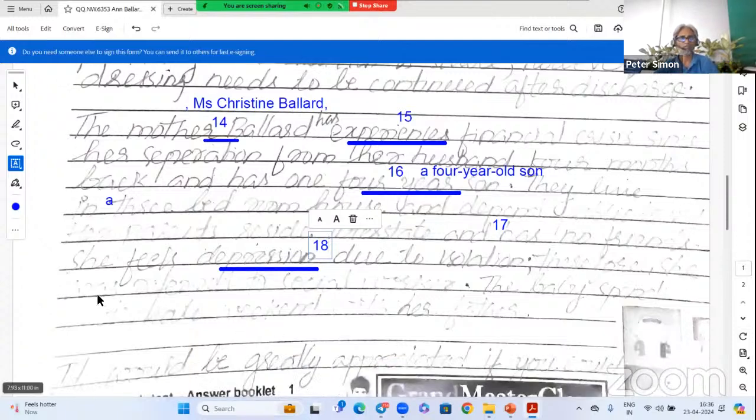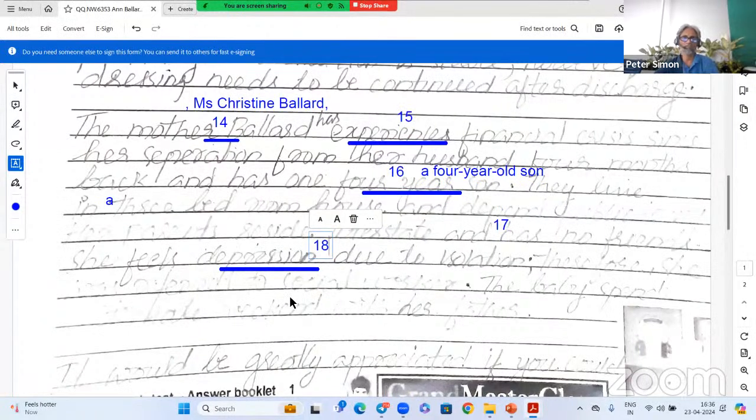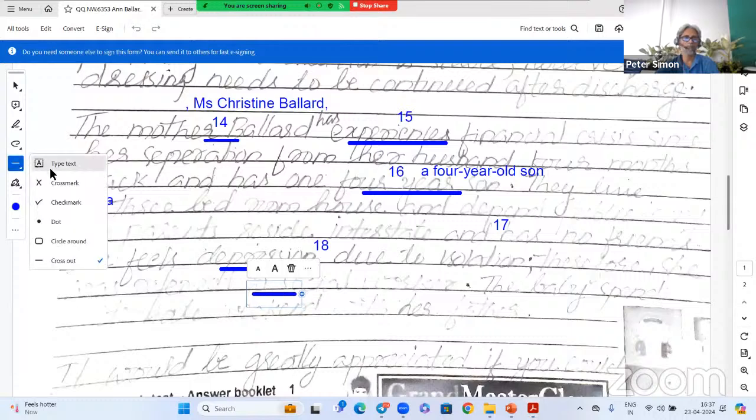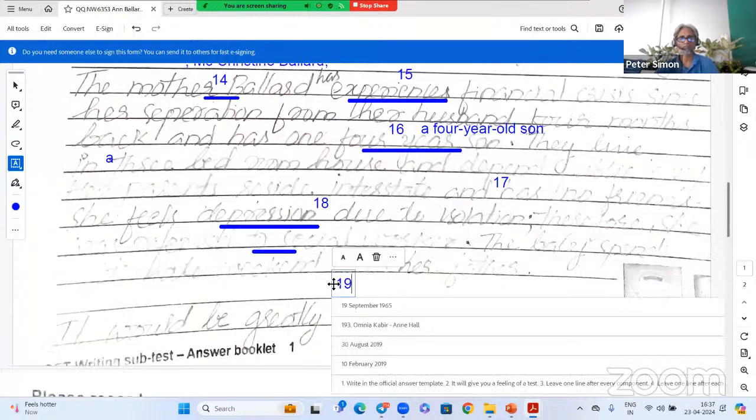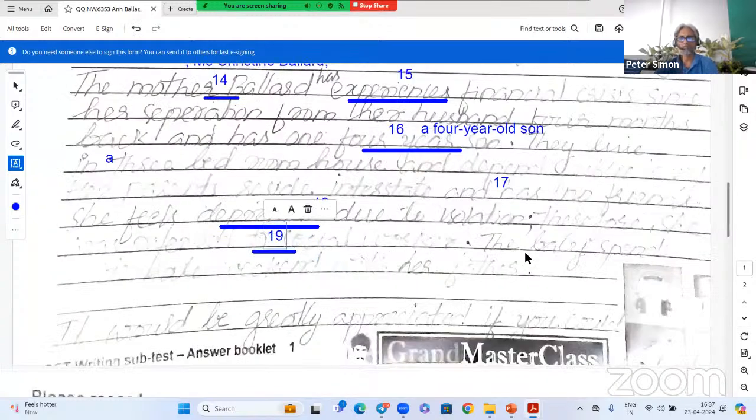Therefore, she was referred to a social worker, or she requires a social worker. 19. Social worker. The baby spends.